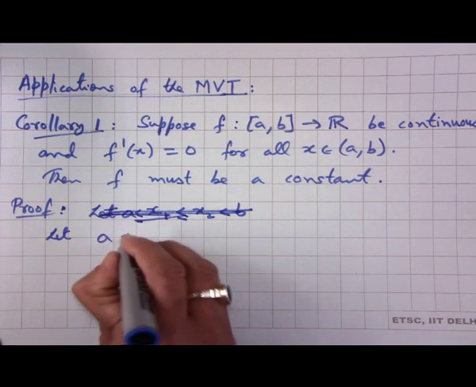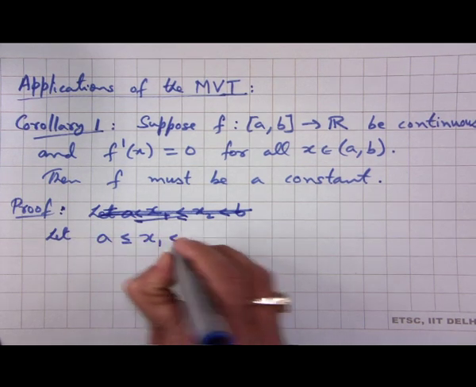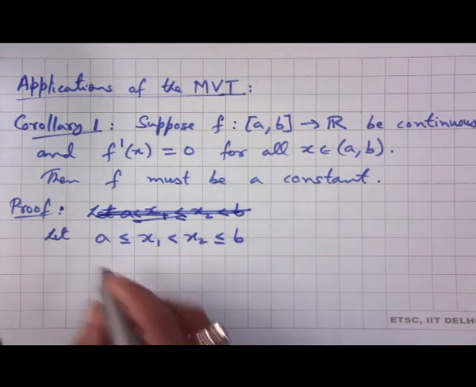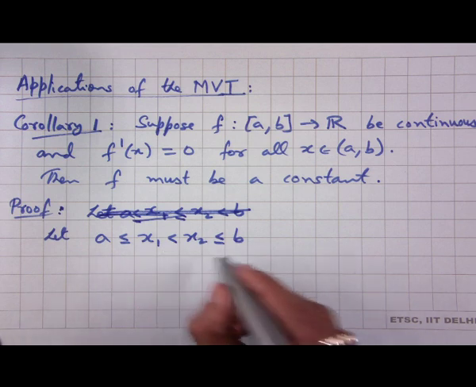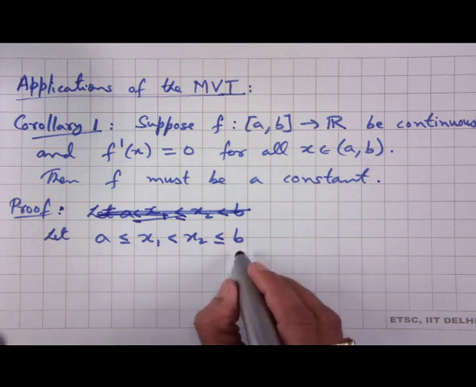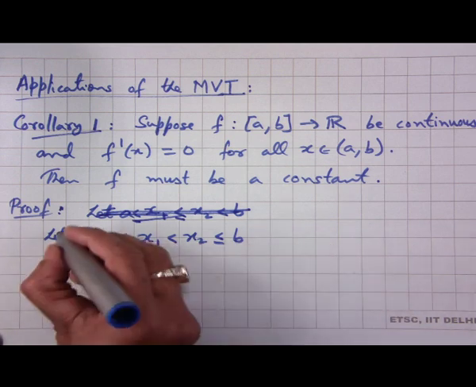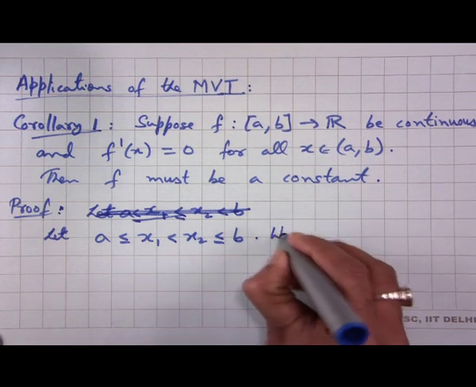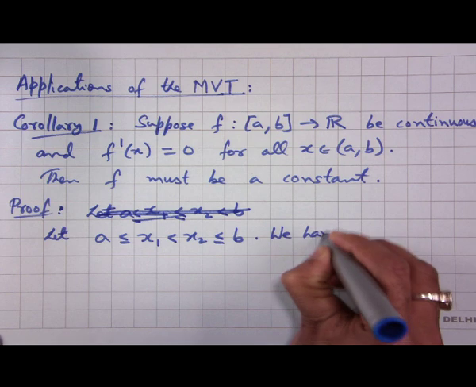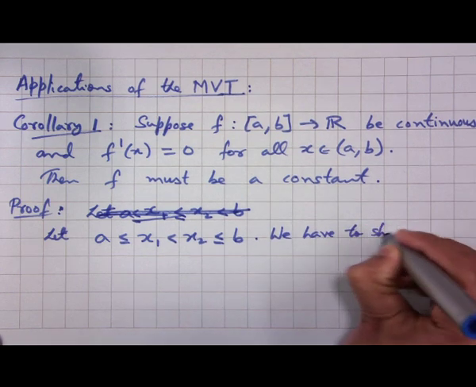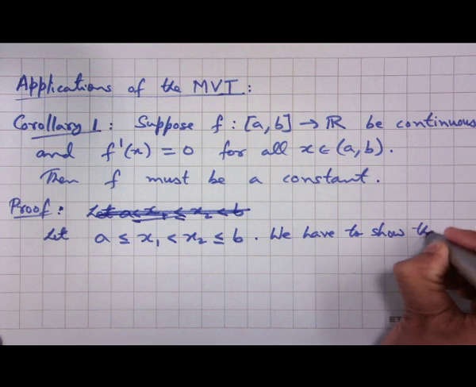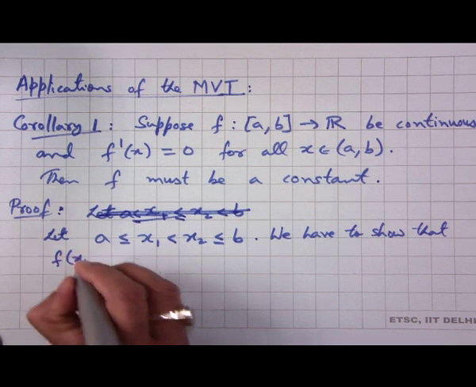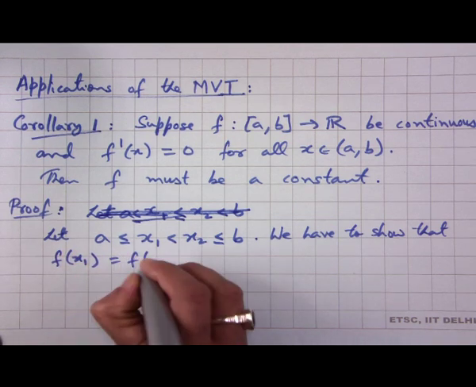Let x 1 and x 2 be any two distinct points in the closed interval [a, b]. We have to show that f of x 1 must be equal to f of x 2.